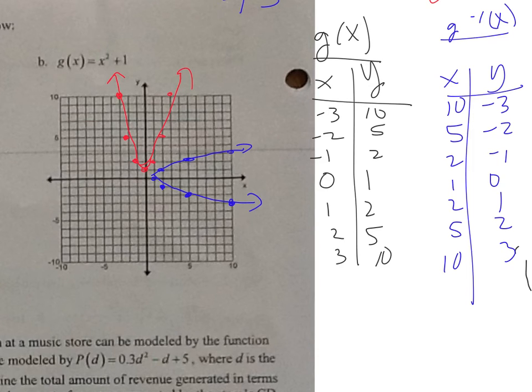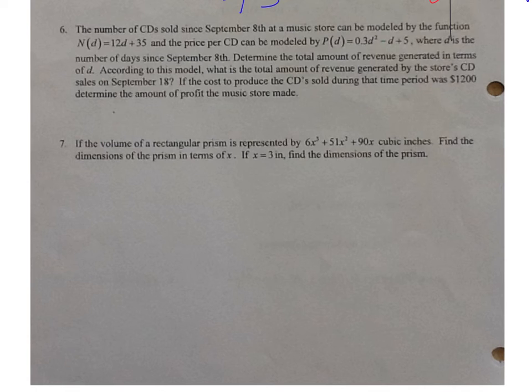Okay, so let's take a look at number 6. Number 6 is a word problem. It's the polynomial word problem that we have going on here. The number of CDs sold since September 8th at a music store can be modeled by the function n of d equals 12d plus 35, and the price per CD can be modeled by p of d equals 0.3d squared minus d plus 5, where d is the number of days since September 8th.